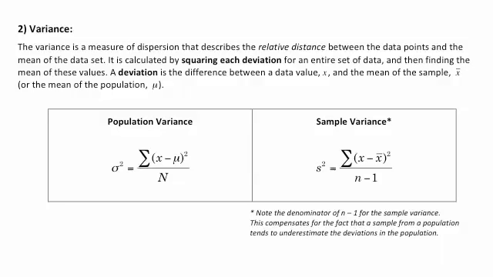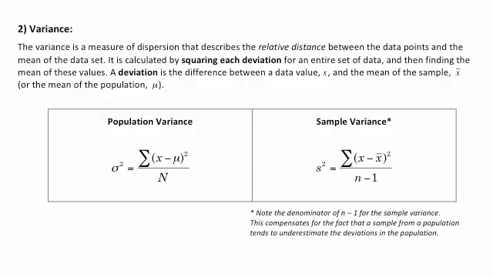We'll see that when we look at population, n, which is the denominator in the population variance, is the number of data points in the entire population. And when we talk about sample variance, the denominator is n minus 1. Okay?